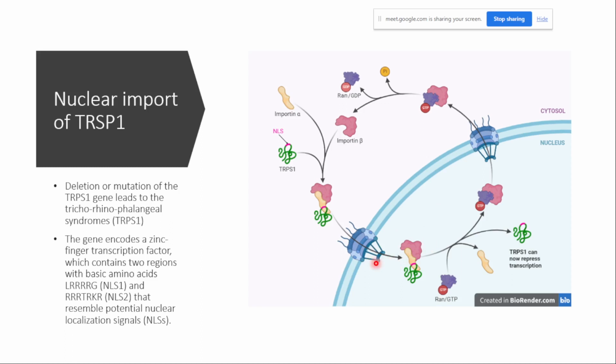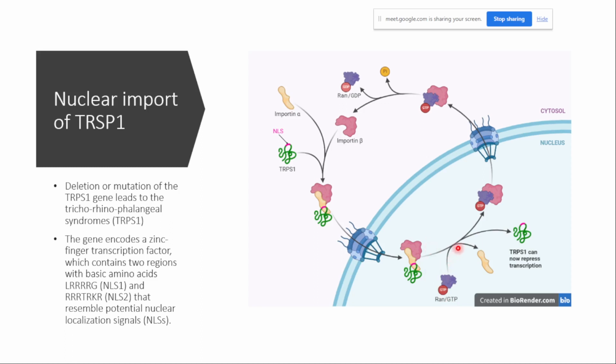After going through the nuclear pore complex, this combination of your protein, importin alpha and importin beta comes inside, and then RAN GTP comes.